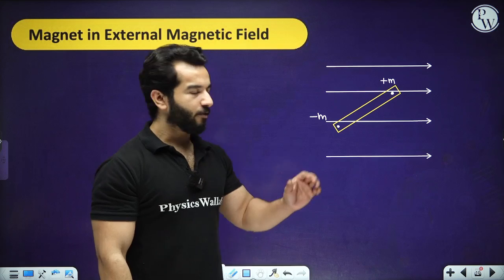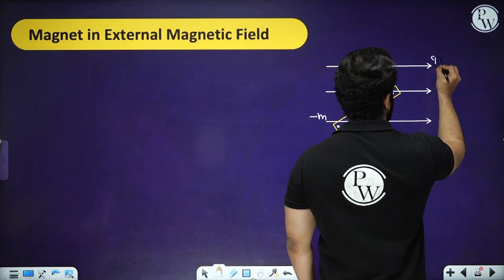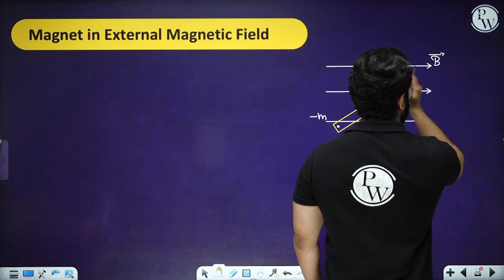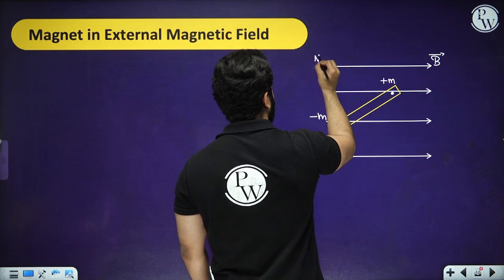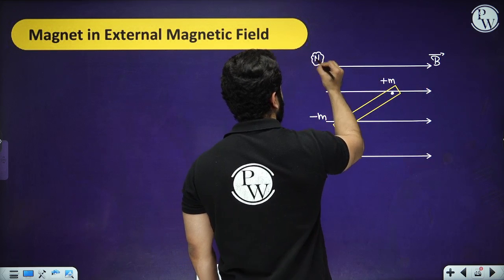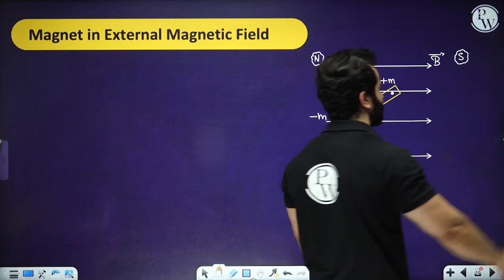Just tell me, if we are talking about an external uniform magnetic field, can we assume that we have the north pole over here? We are just assuming that magnetic fields must be produced from a north pole and must be moving towards some south pole, right?